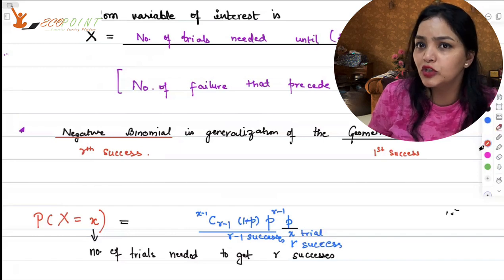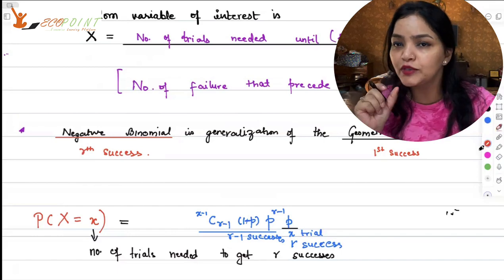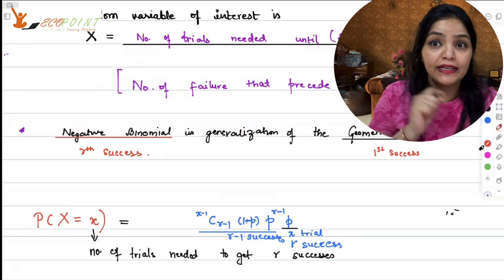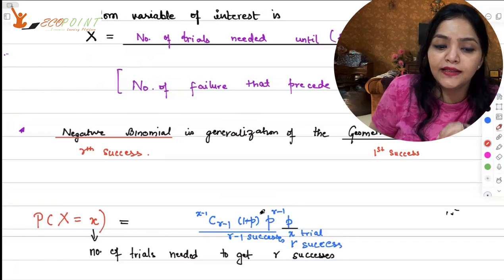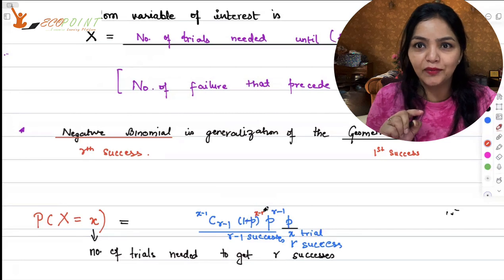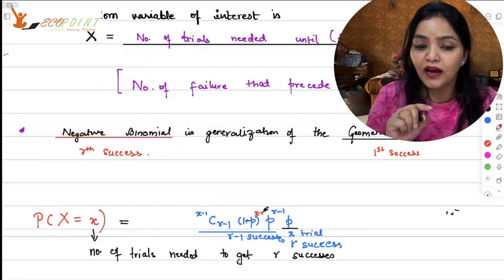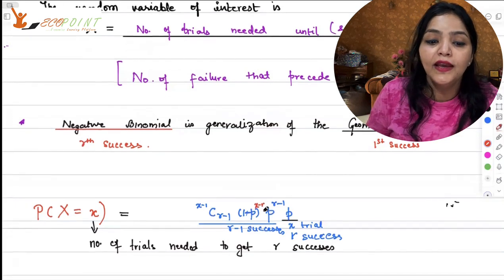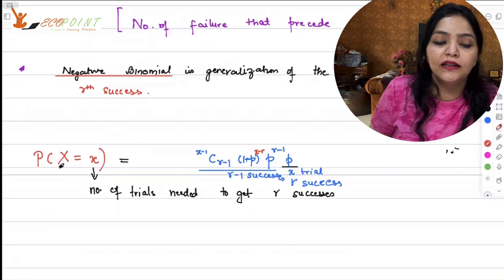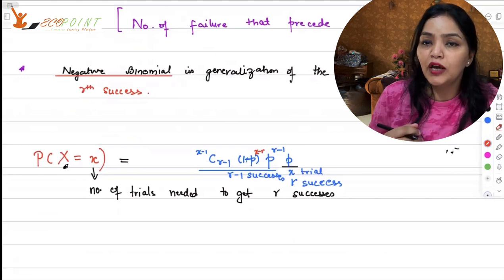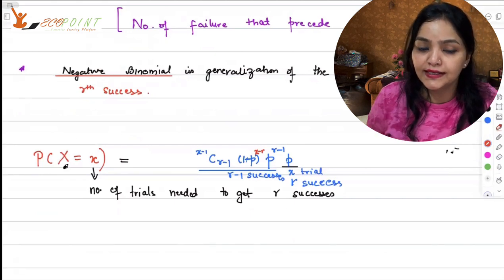What are the remaining positions? X में से R positions have gone for successes because I needed R successes. So X में से R निकल जाएगा जब, तो X minus R बचेगा. X minus R failures भी तो होंगे ना. This is when I am taking X to be the number of trials needed to get R successes.